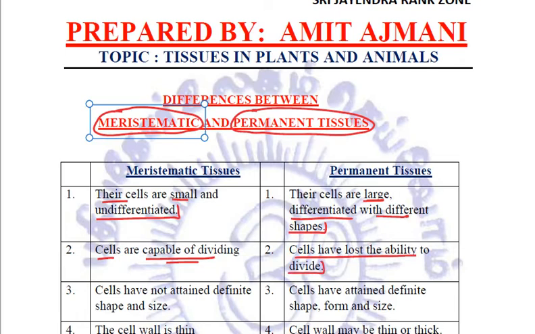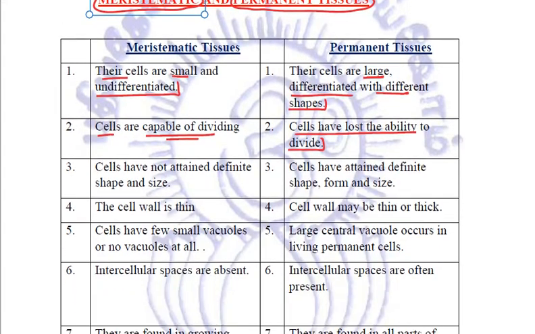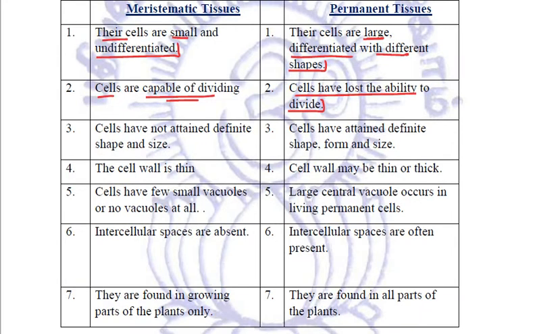We know that permanent tissues are nothing else but the meristematic tissues only, which have lost the ability to divide any further. In meristematic tissues, the cells are undifferentiated because they have not attained any definite shape and size. But the permanent tissues are differentiated as they have attained definite shape, form, size, and functions too.